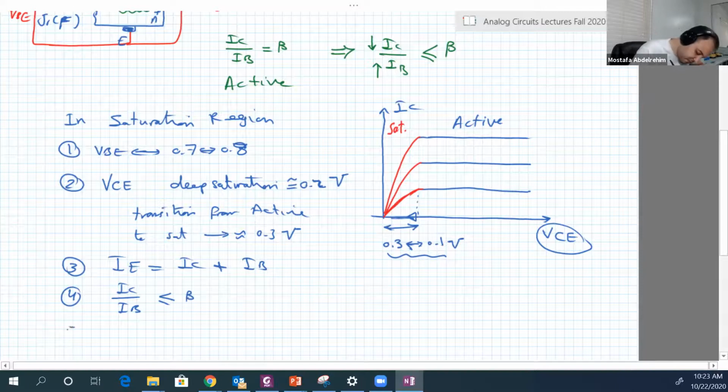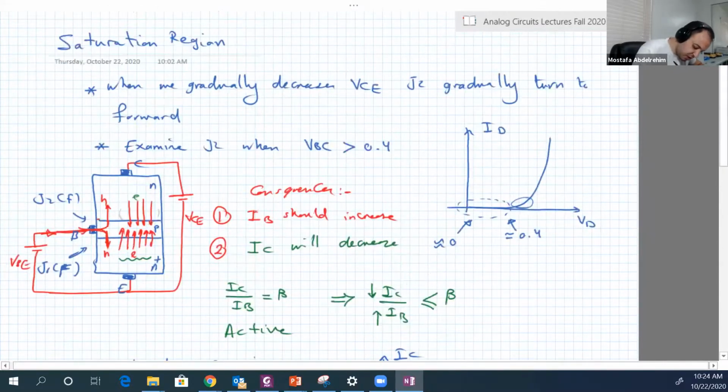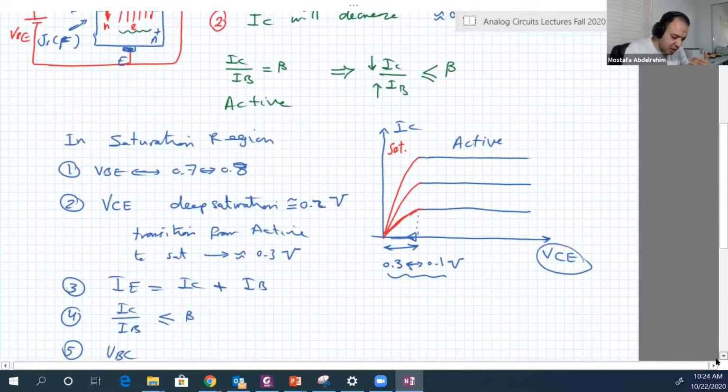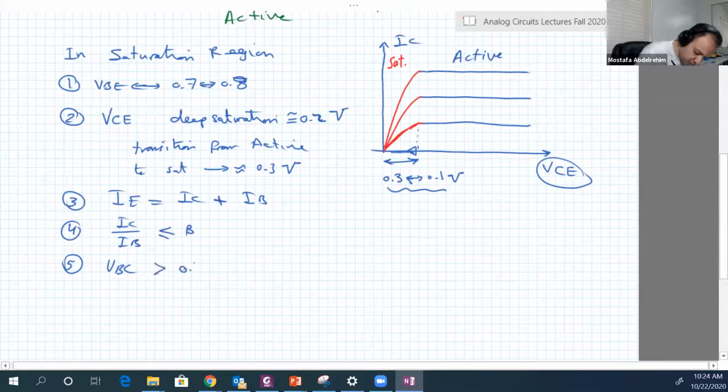Finally, VBC, the voltage between the collector and the base. This voltage is forward voltage. And as a rule of thumb, it should be greater than 0.4.